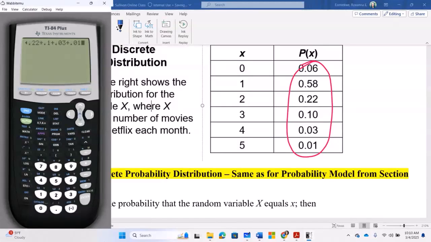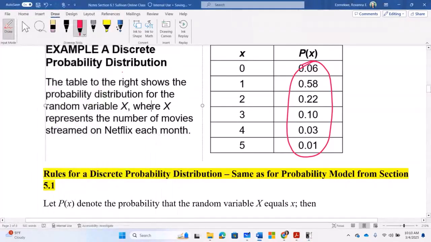Okay, so this is what I'm told to add. And if I hit enter, the sum of all the probabilities is equal to 1. Therefore, this table is a table of discrete probability distribution.